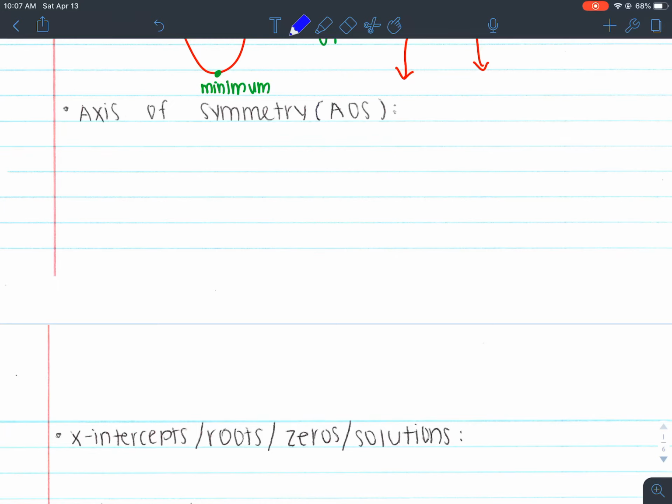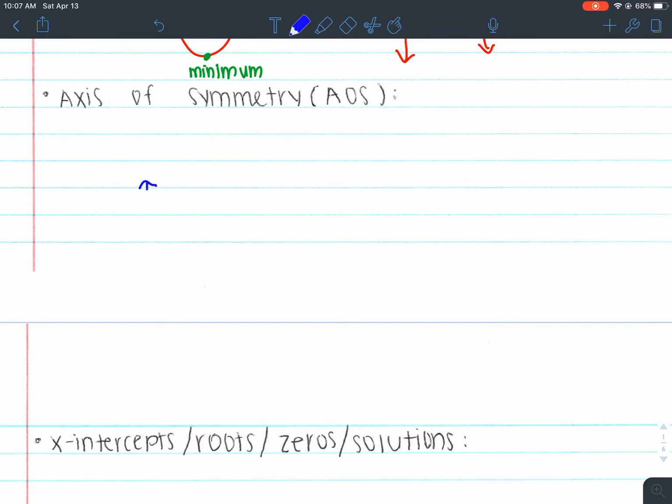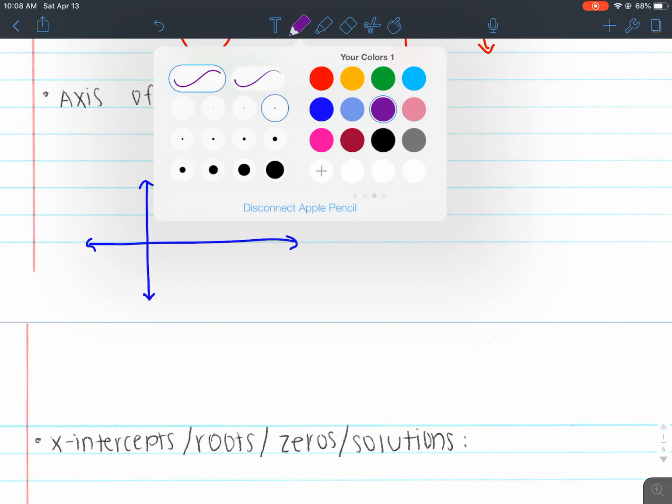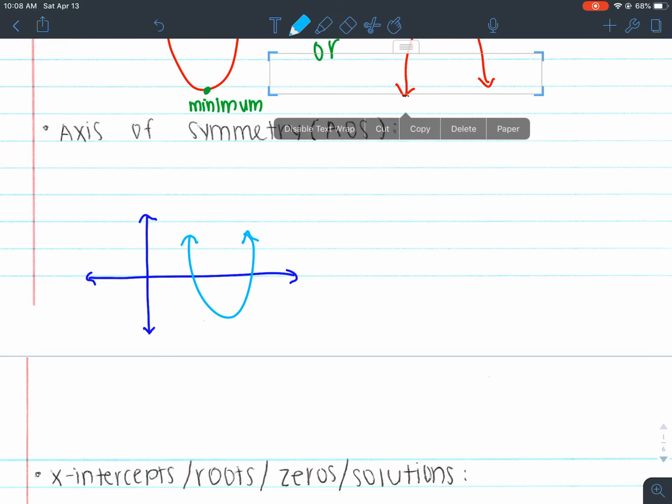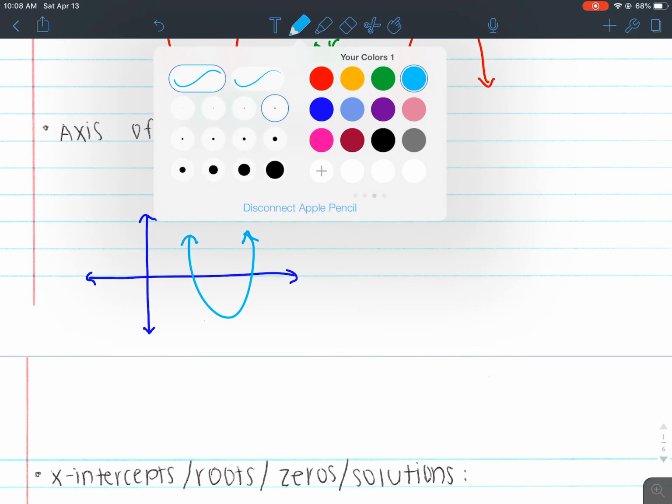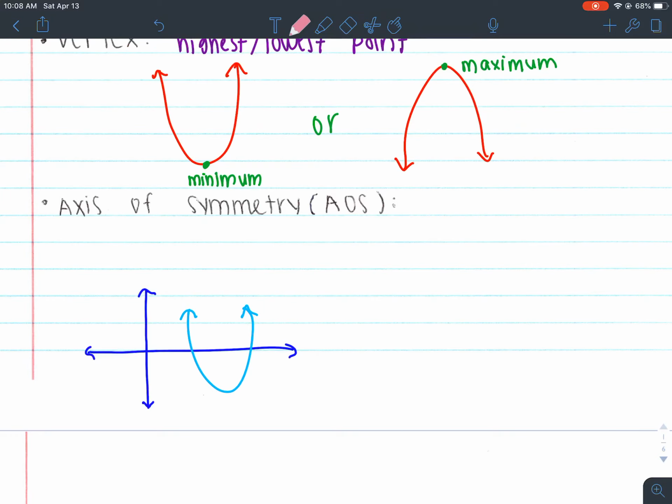Next is axis of symmetry. I'm going to draw a picture first, and then we can talk about the definition of it. Let's just draw a parabola, a baby blue one. Now, if I took a heart and I asked you to cut it symmetrically, what would you do? You would cut it in half, right?